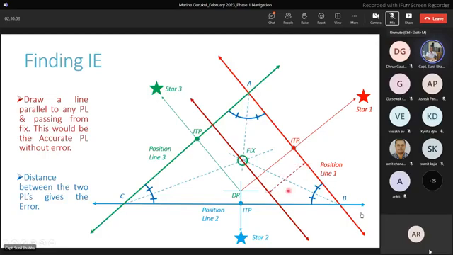So you can see this is the distance between the two parallel lines or the two position lines. This distance can be measured off using the scale on which this plot is made. So you can read off what is the distance between these two parallel lines. This gives us the index error.